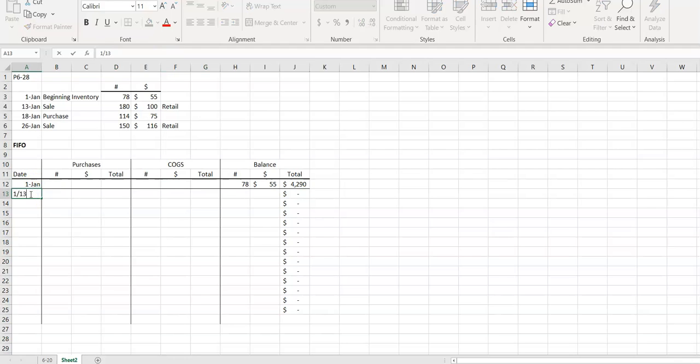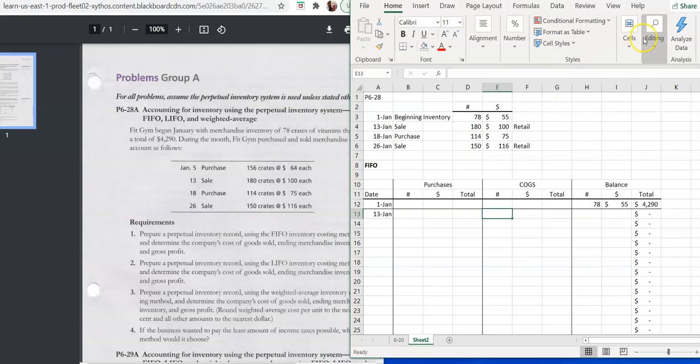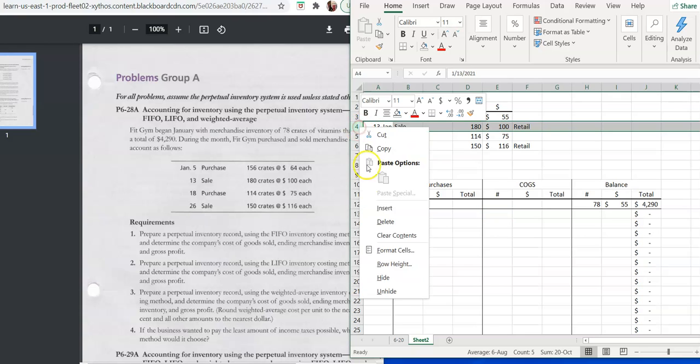All right, January 13th, we sold 180. I'm super confused. We sold 180 and we only have 78. Oh, I missed a purchase. I was like, how is that possible?